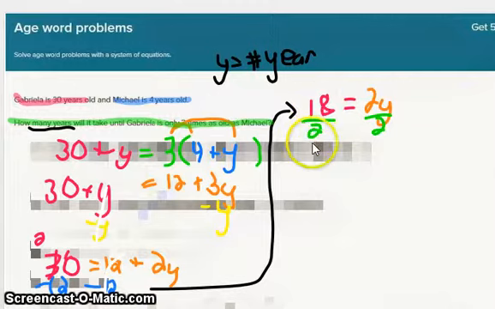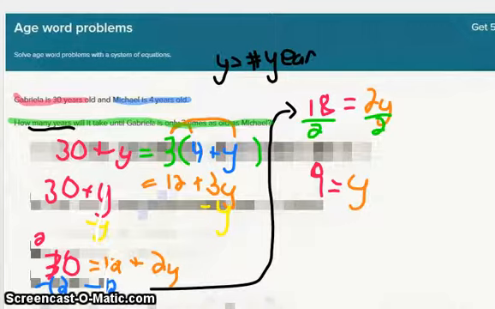So 18 divided by 2 is 9. And 2y divided by 2 is y. Woohoo!